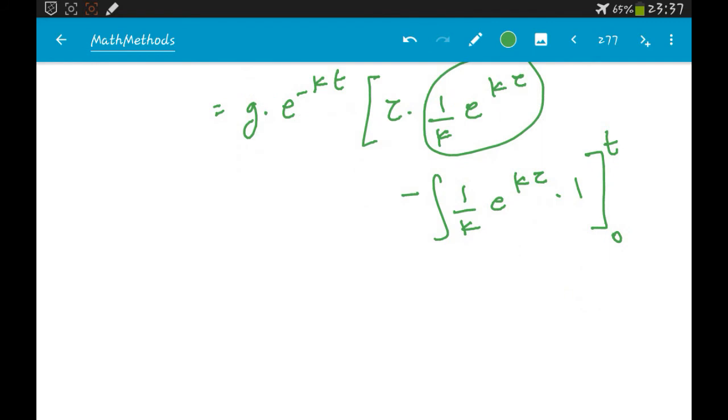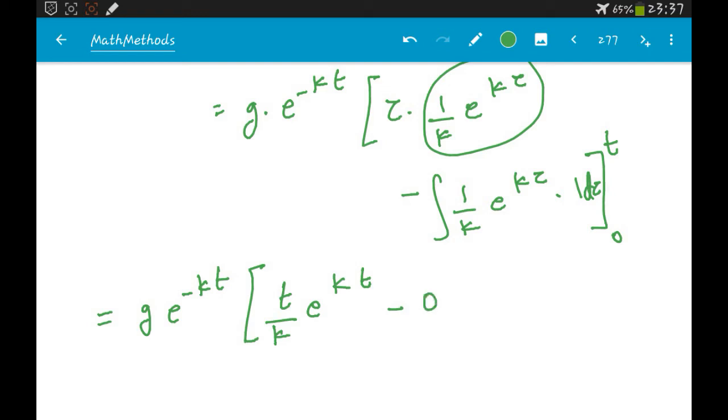So now let's solve it. And d tau power minus kt. So if you substitute t here, you will get t by k e power kt minus 0, right?